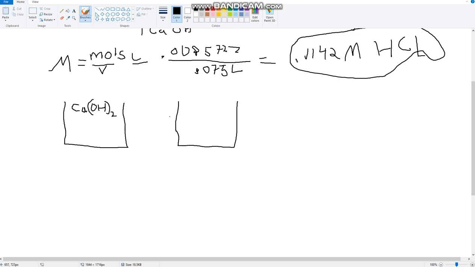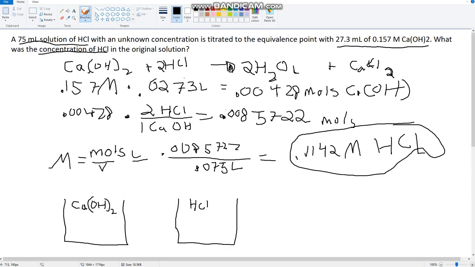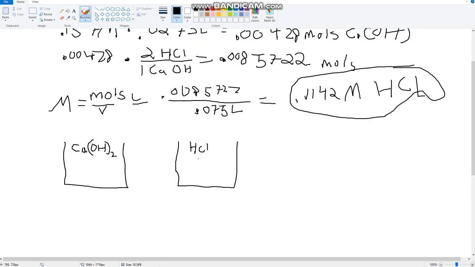And on the other side, we have hydrogen chloride. And per the equation, we can see that there are 2 hydrogen chlorides, so we write 2. And once they combine, they will make water.